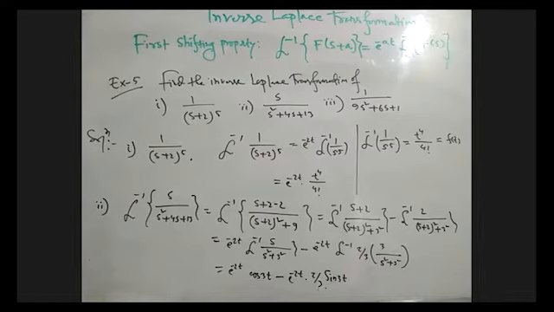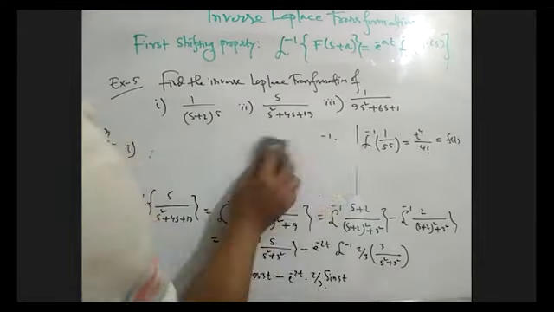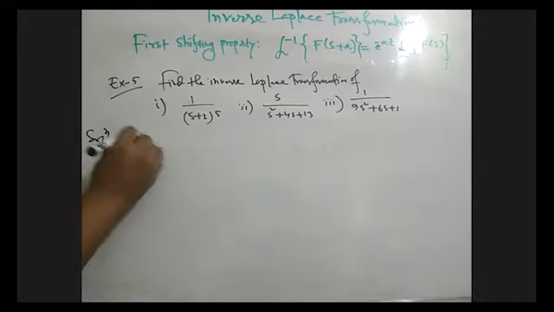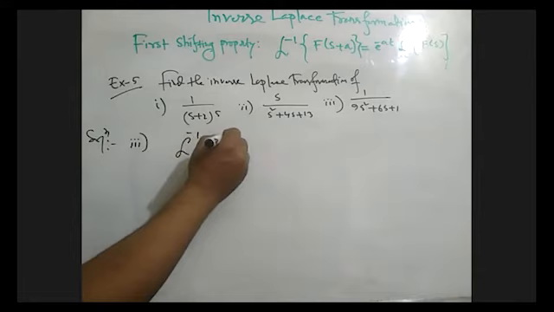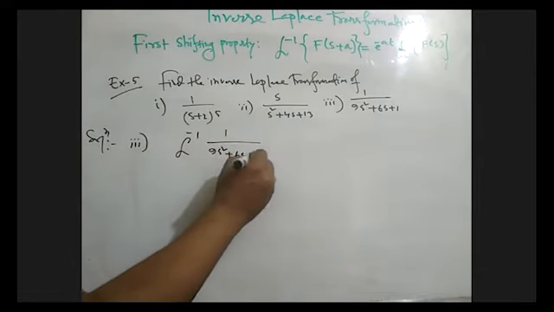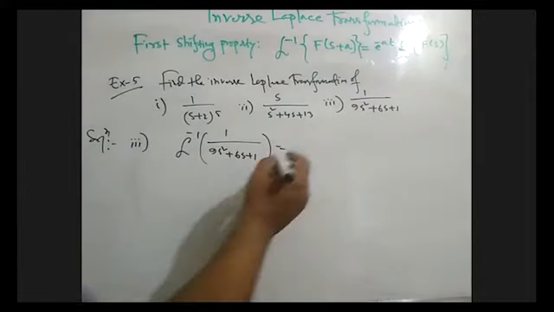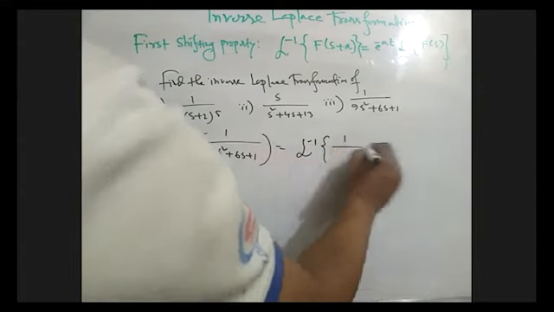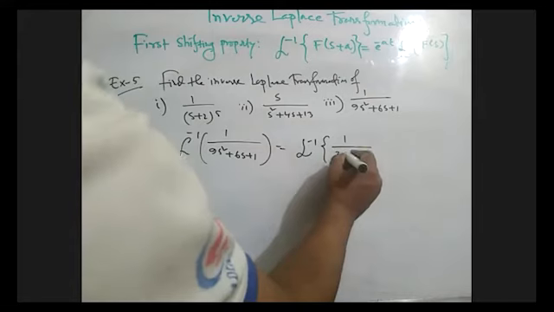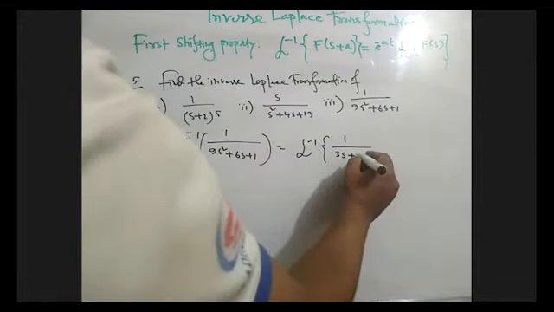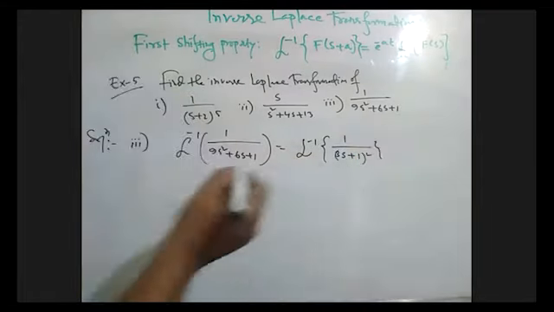Now the third part of this. The inverse Laplace transformation of 1 over 9s square plus 6s plus 1 can be written as the inverse Laplace transformation of 1 divided by thrice s plus 1 whole square.